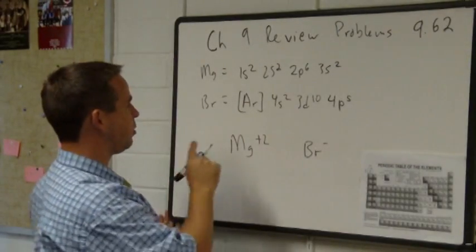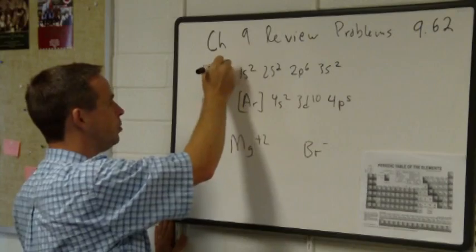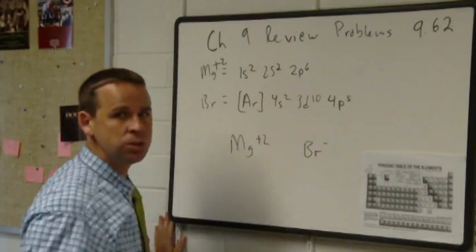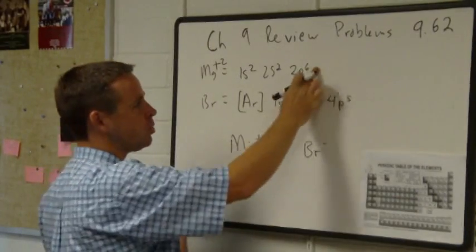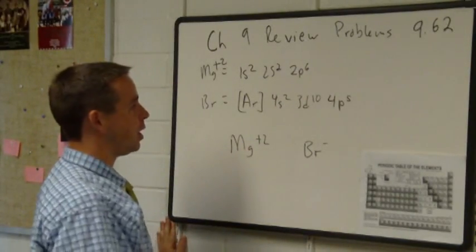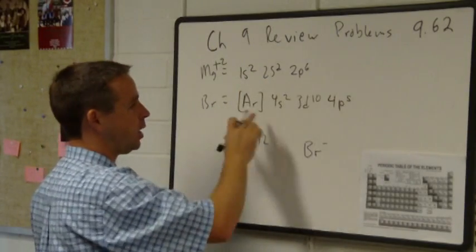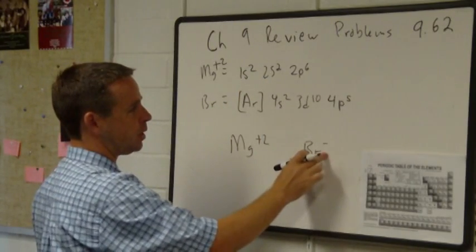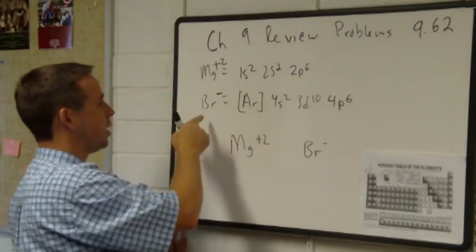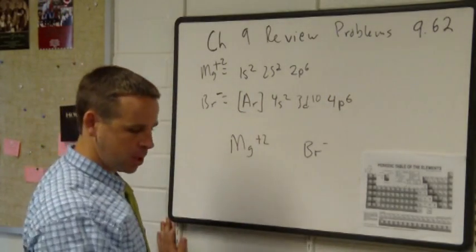If this is going to be a +2, we're going to have to lose these two 3s2 electrons. We knew we had to lose the 3s because they were the highest energy, the highest n value. And here we're going to gain an electron, so instead of 4p5, it's going to become 4p6, and that'll be the electron configuration of the bromide ion.